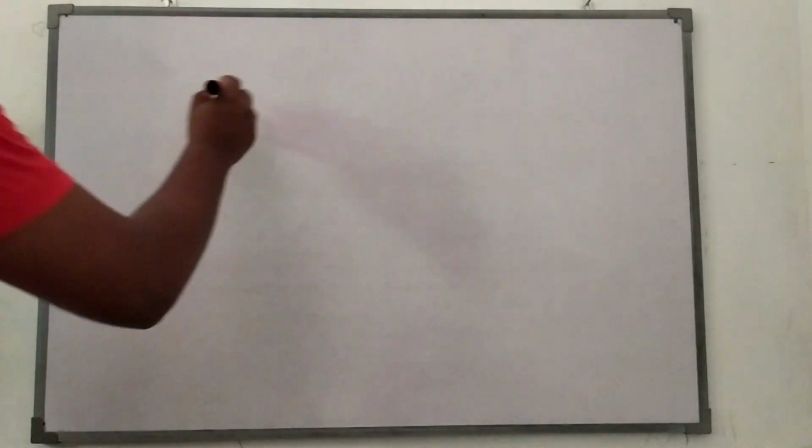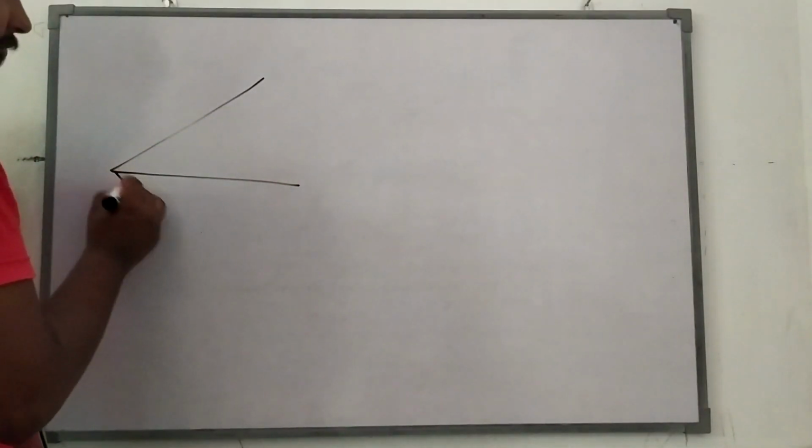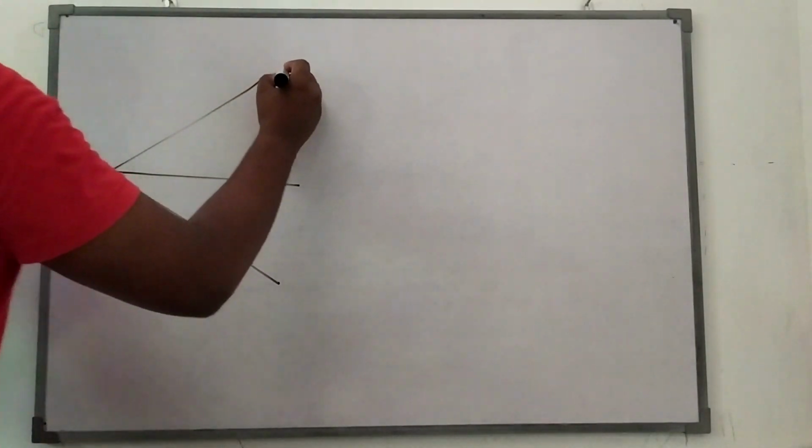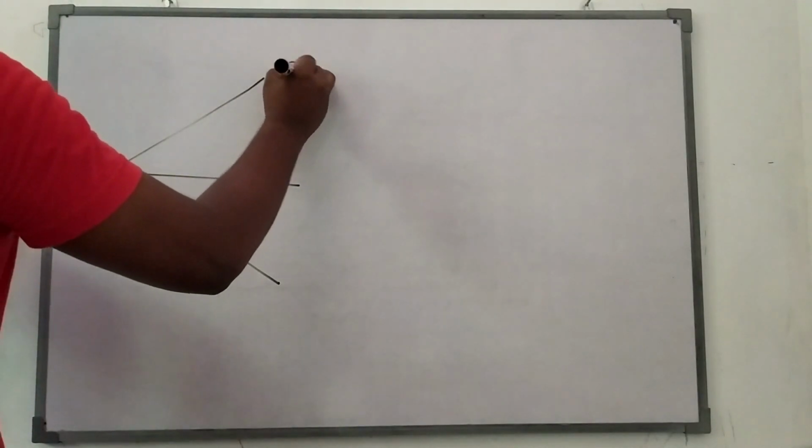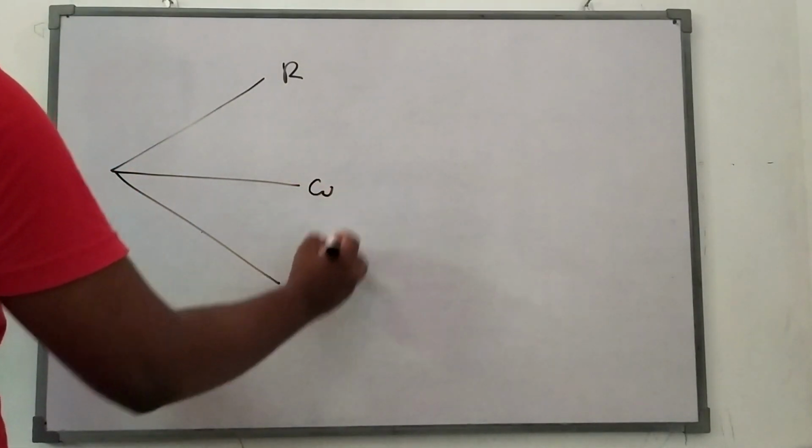Actually, children, the previous sum can be done using the tree diagram, right? So how to do that? You have to draw the tree diagrams. We have three kinds of balls now: red, white and black.